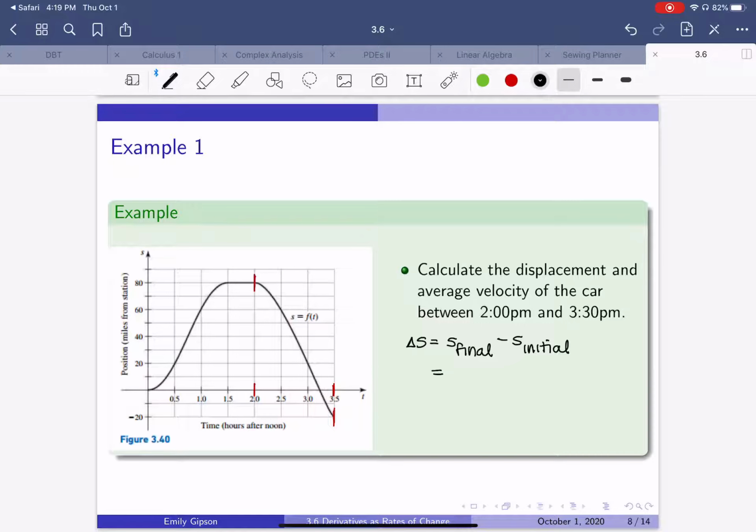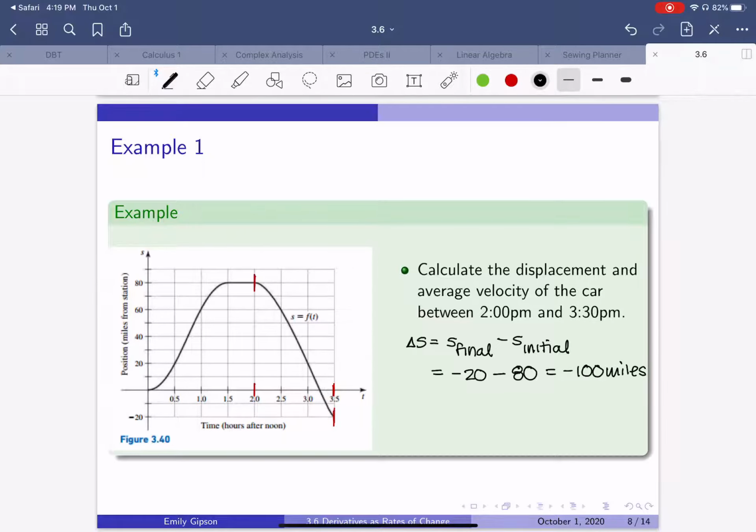Our final position is at negative 20. Our initial position is at 80. So delta S equals negative 100 miles.